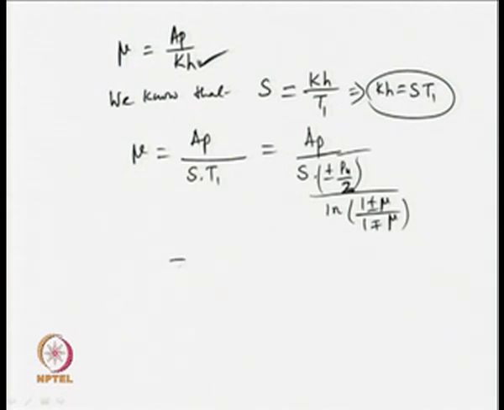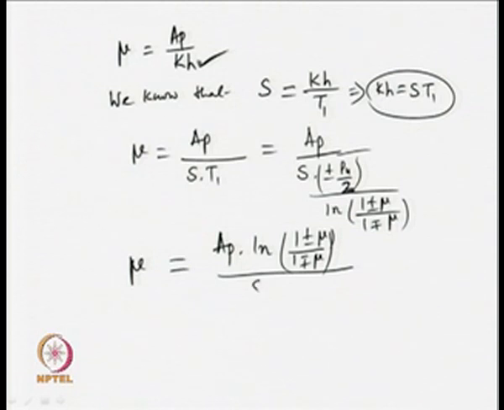So, which will be ultimately mu is equal to AP times ln of 1 plus minus mu by 1 minus plus mu divided by S times plus minus pu by 2.